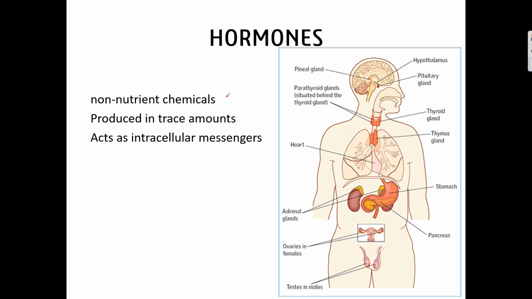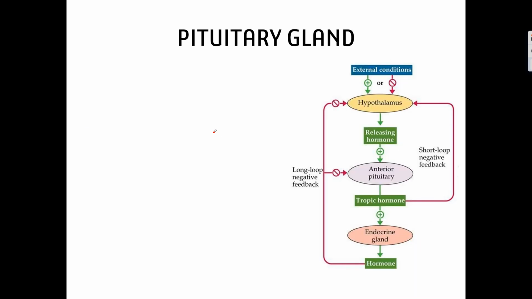Hormones are non-nutrient chemicals. They are not nutrients. They are produced in trace amounts, meaning in very small quantities, and they act as intercellular messengers. If the body wants to communicate from one organ to another, these hormones are utilized as the messengers. This is in brief about the hormones.